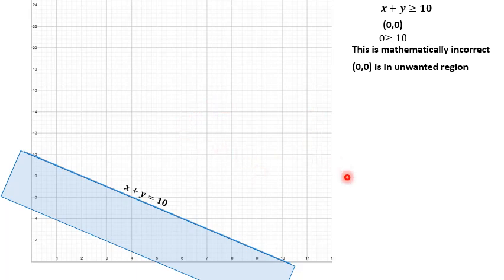We also take the second line. The equation was 20x plus 10y is equal to 220, and the x and y intercepts were 11 and 22 respectively. Therefore, we plot the points (11, 0) and (0, 22), and we join them with a straight line like that.